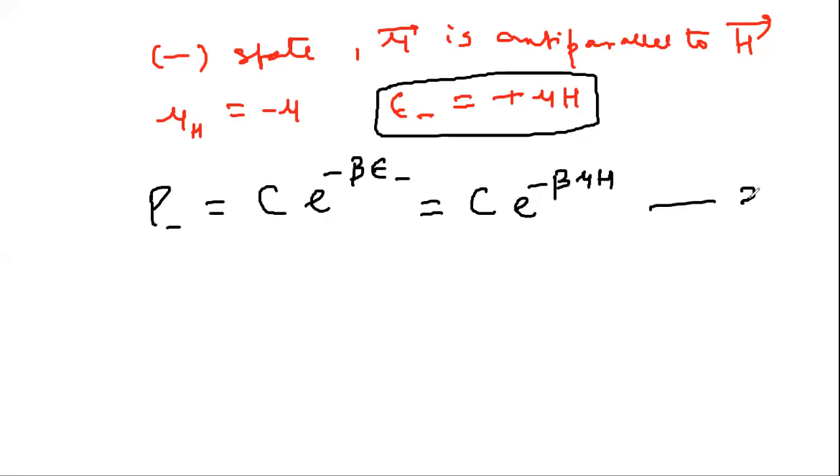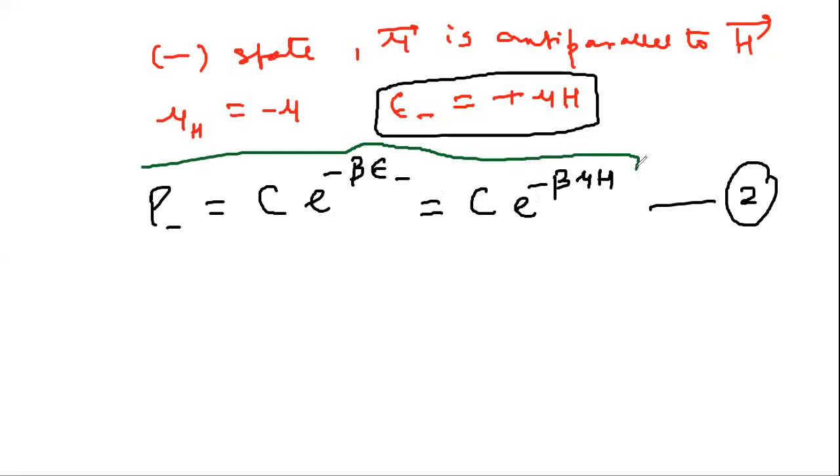Let me name it second, and let me encircle it. Let me use green color. So P minus is C e raised to the power minus beta mu h, because epsilon minus is plus mu h.